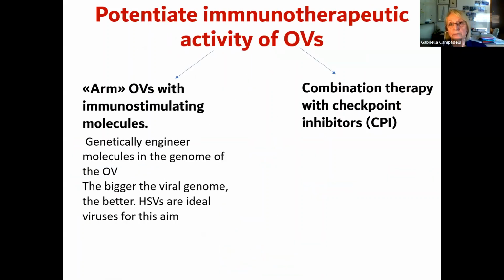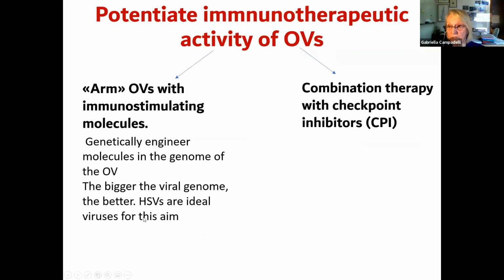So we can potentiate the immunotherapeutic activity of the oncolytic viruses, and we can do it in two ways. Either we can arm the oncolytic viruses by genetically engineering immunostimulating molecules into the genome of the oncolytic virus. In this case, the bigger the viral genome, the better.